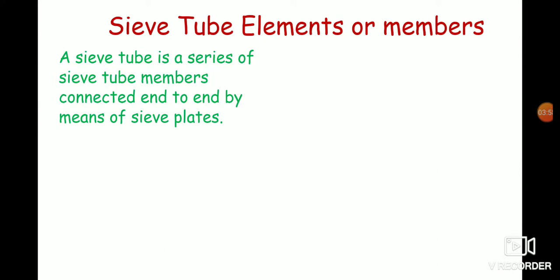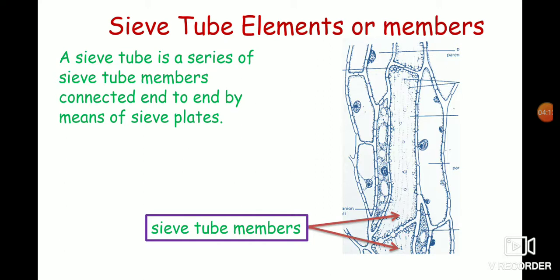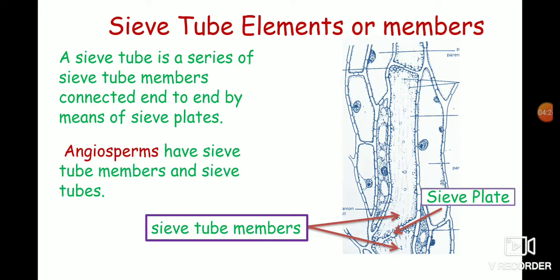A sieve tube is a series of sieve tube members connected end to end by means of sieve plates. So here you can see the two sieve tube elements are connected through the sieve plates.